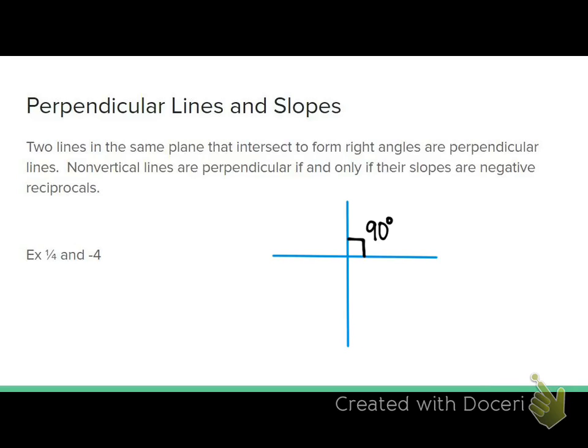Okay, they are perpendicular if their slopes are negative reciprocals. The example they give is positive 1 over 4 and negative 4, because the negative 4 would be over what? 1. So they change the sign and they flip the fraction. The negative reciprocal means change sign, flip fraction.